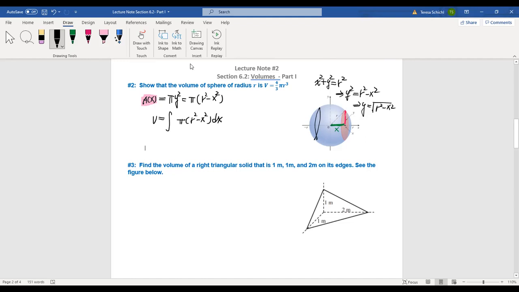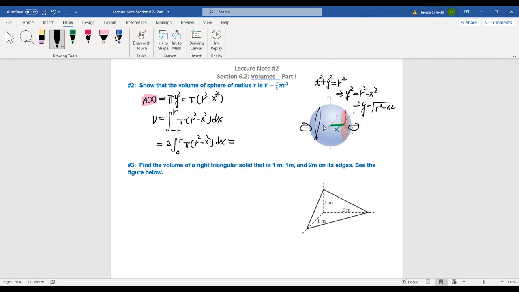This solid ends up at negative r to r, so my integration region is negative r to r. Because this is an even function, we can just do one side and multiply by 2. So you can do just 0 to r of pi times r squared minus x squared dx. This is a pretty simple integration.